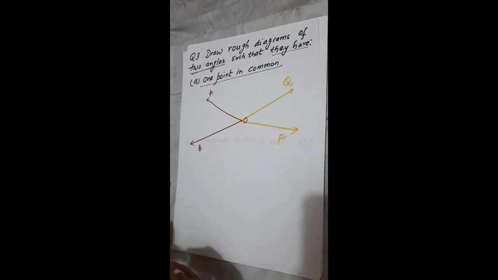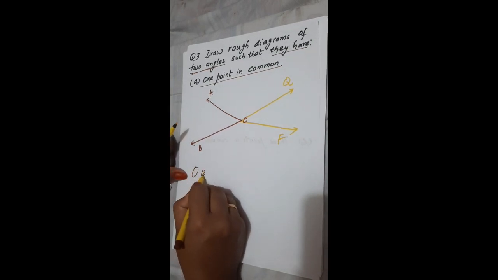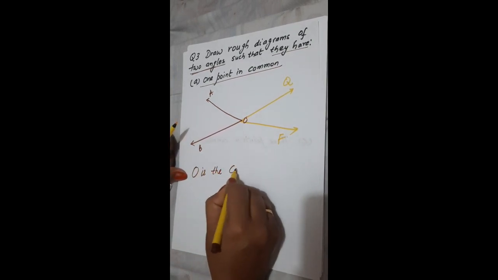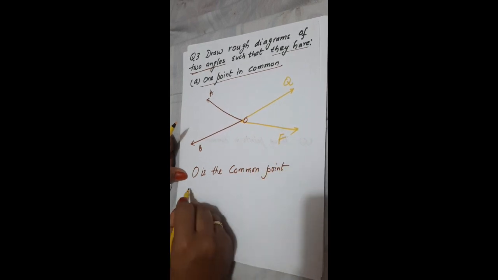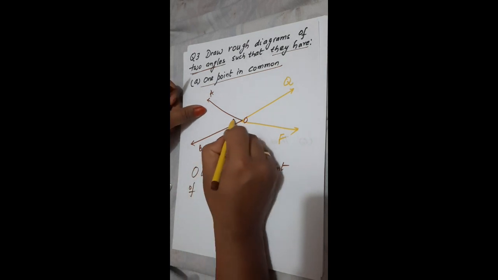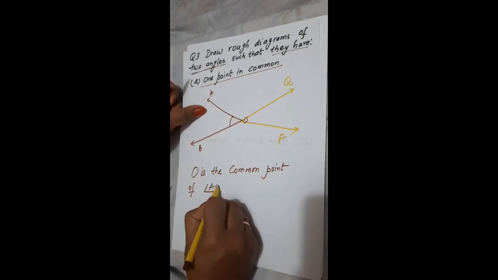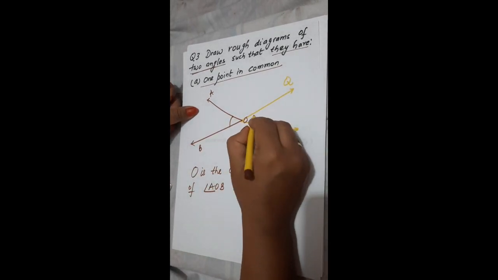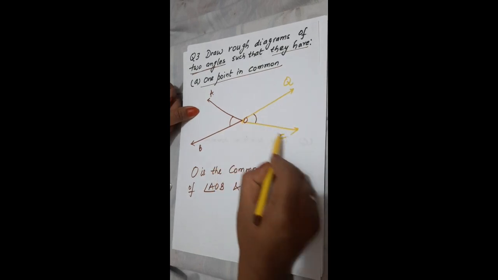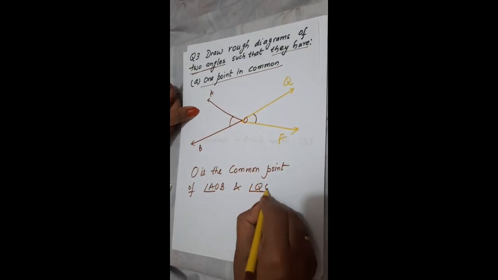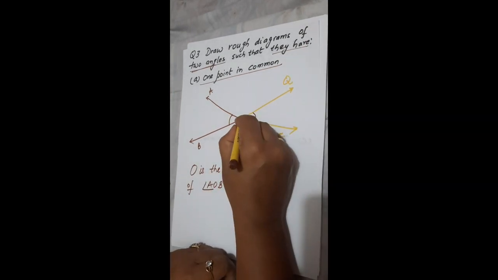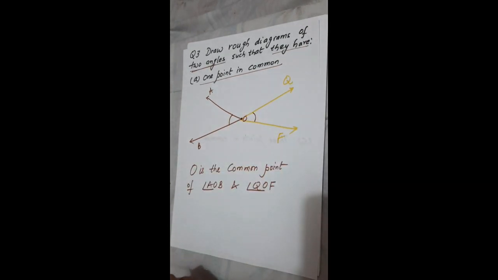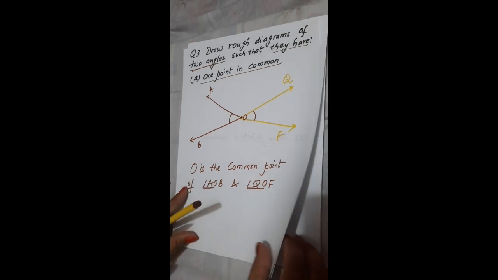So I can write that O is the common point of angle AOB and angle QOF. If you draw two angles in such a way, in this only O point is the common point. So this is your A part.